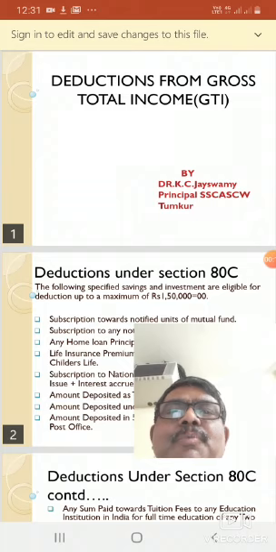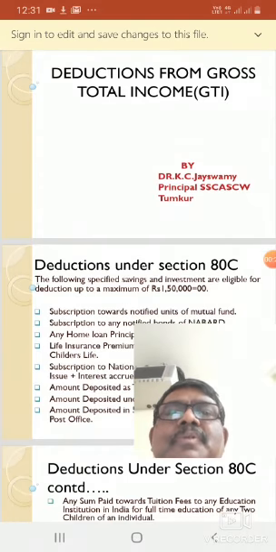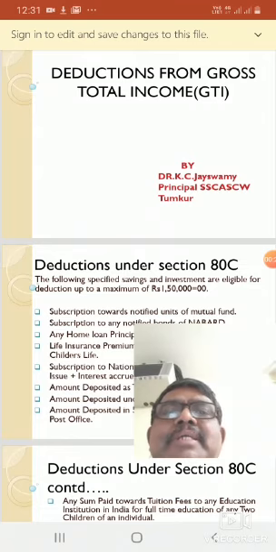It is already 2 months of this lockdown period. Before this lockdown period, we have covered nearly 90% of the syllabus relating to income tax 2. Now, I am going to deal the topic that is deductions from gross total income.